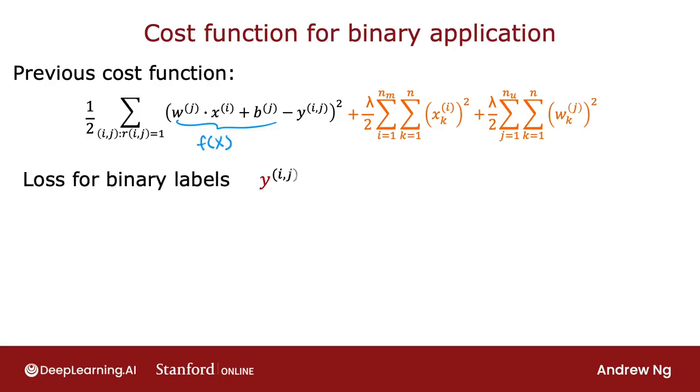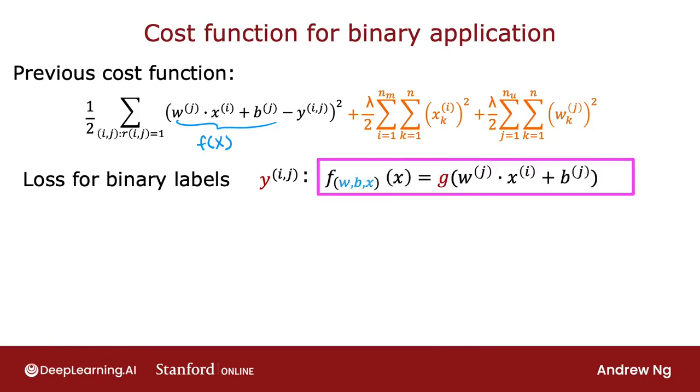When you now have binary labels Yij, when the labels are 1 or 0 or question mark, then the prediction f of x becomes, instead of wj.xi plus bj, it becomes g of this, where g is the logistic function.